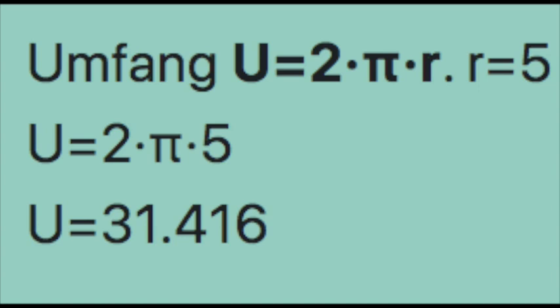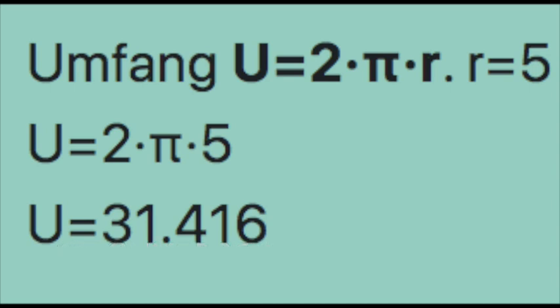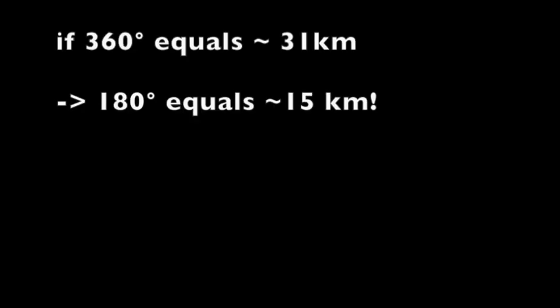So for the full circle, 360 degrees, we get a circumference of about 31 kilometers. What we want to know is 180 degrees, and it equals around 15 kilometers.